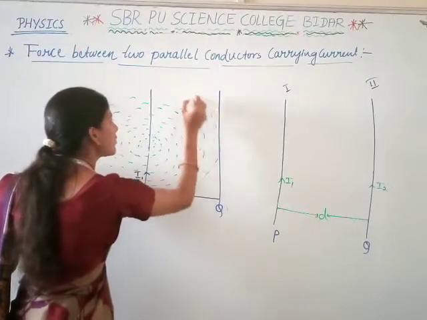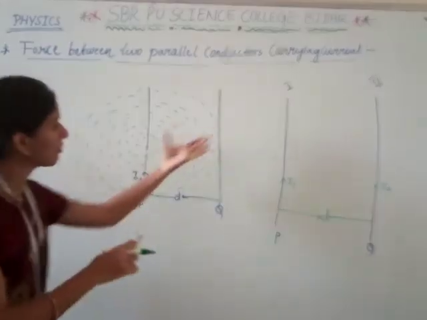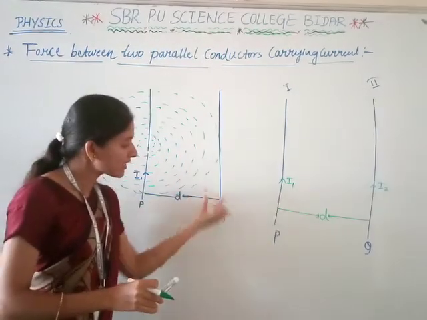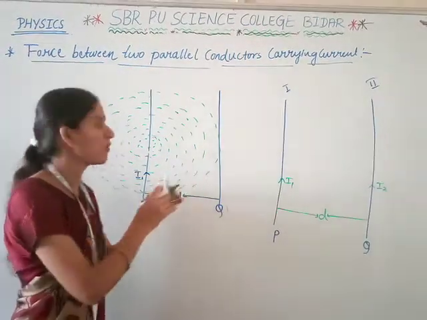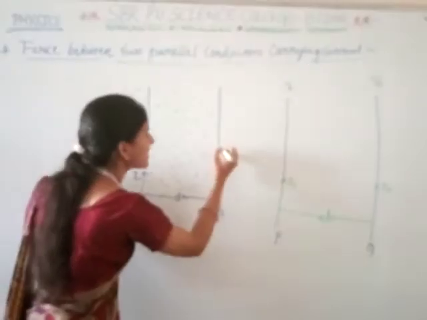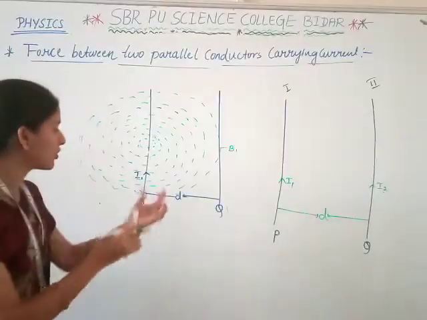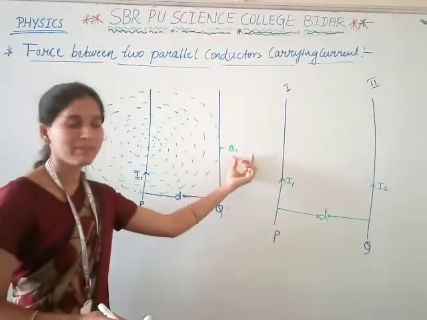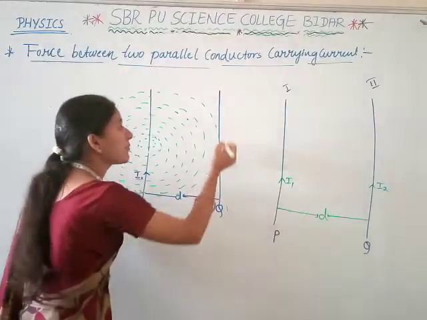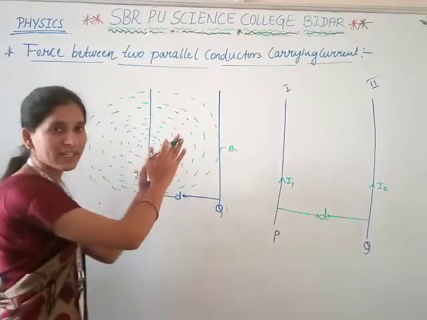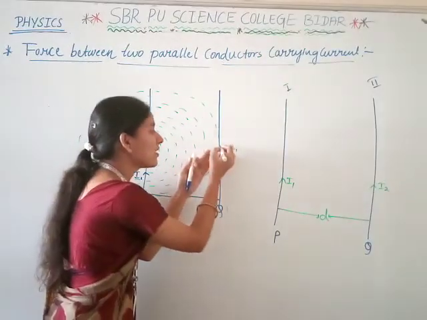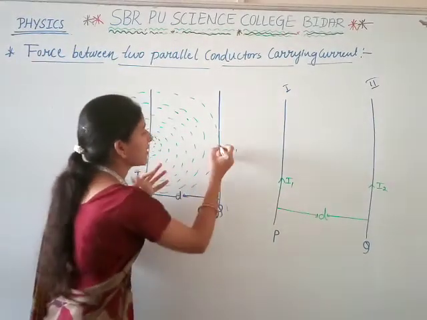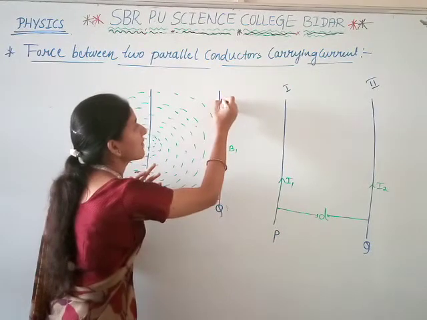It produces a magnetic field up to conductor Q. This magnetic field, due to conductor P, is named B1. After the production of the magnetic field, conductor Q experiences a force. That force is called F1.